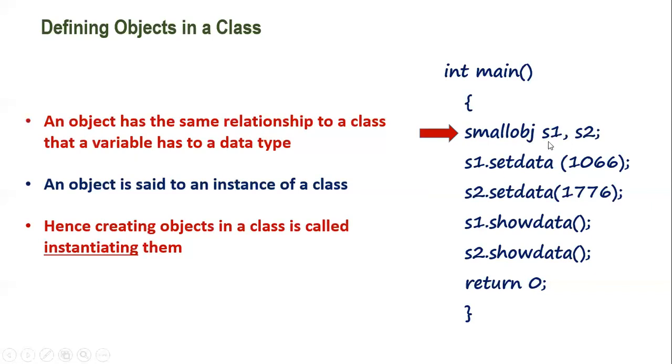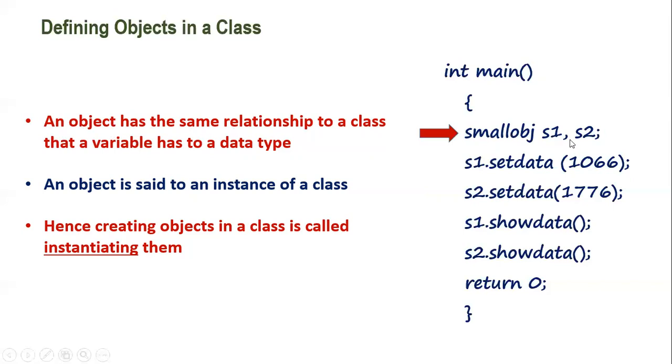How a variable is related to its data type is the same way an object is related to its class. An object has the same relation to a class that a variable has to a data type. Int x, in the same way we define small obj s1, s2, because there are two objects here.